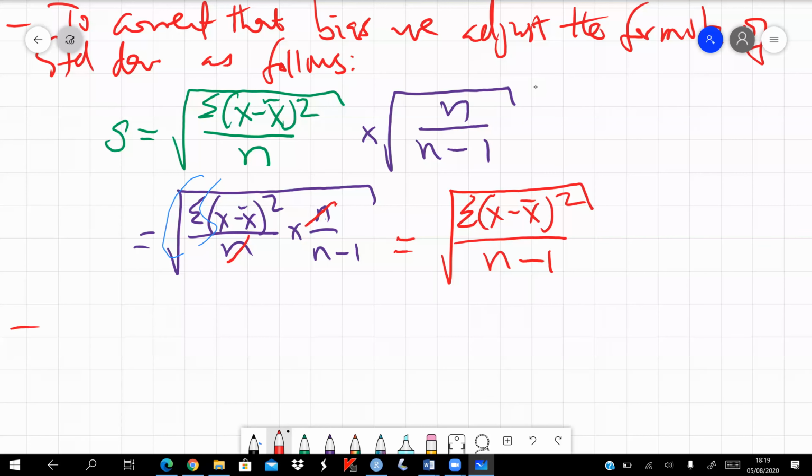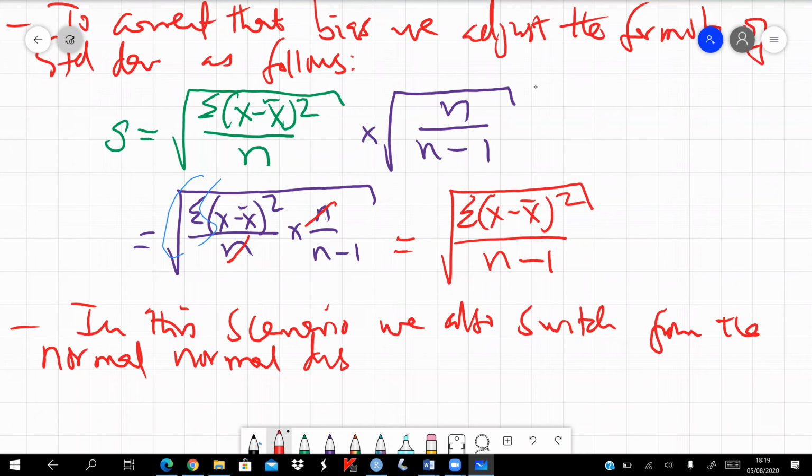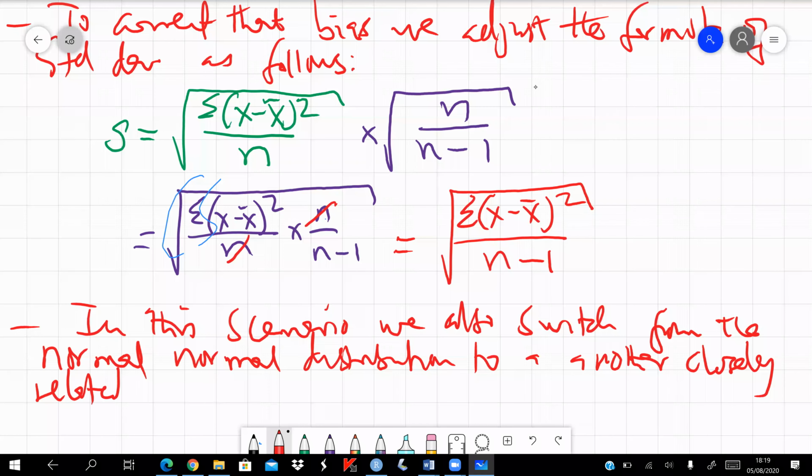So in this scenario, we also switch from the normal distribution to another closely related distribution called the t distribution.